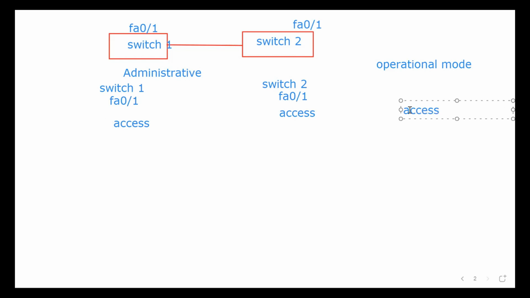If switch 1 is in dynamic auto mode and the second switch is also in dynamic auto mode, our operational link is access mode.